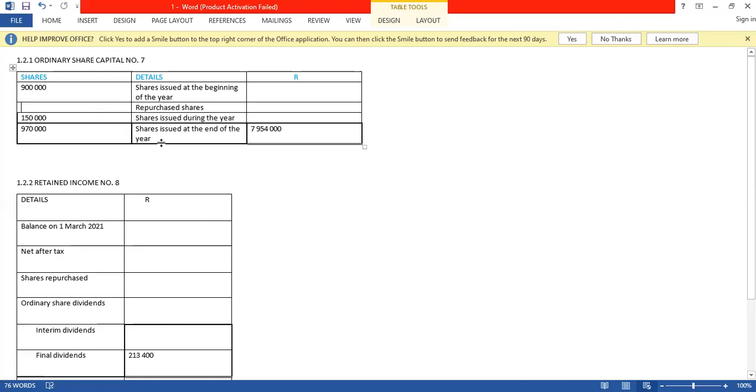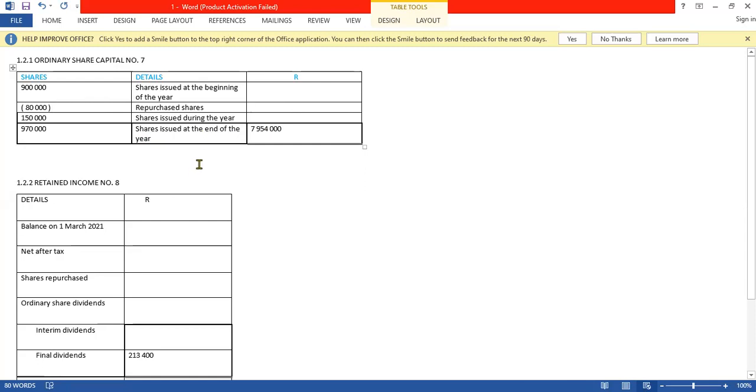So when we record into our answer sheet, remember that whatever we are going to subtract, we put in brackets. So we're going to put 80,000 in brackets, as it is what we're going to subtract.